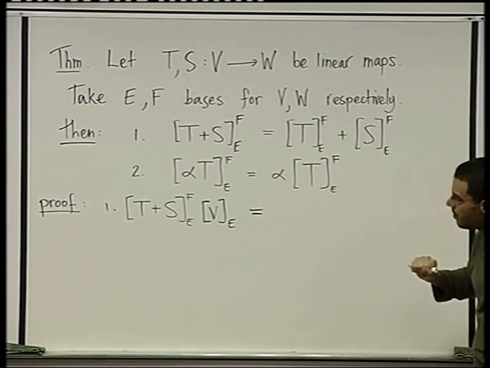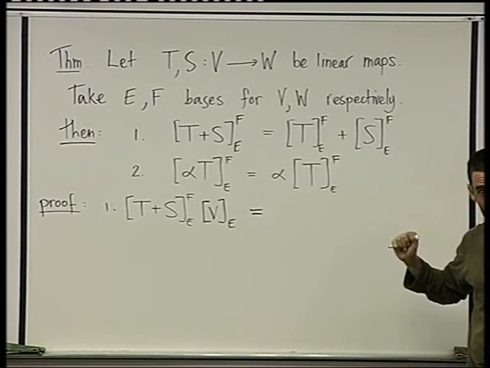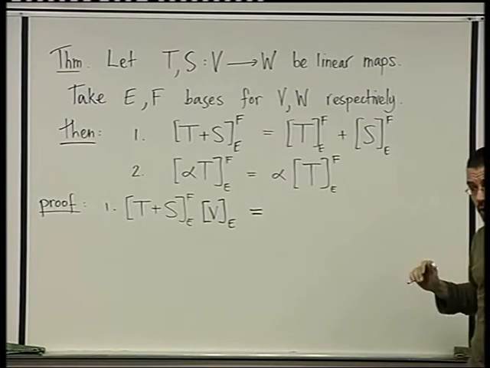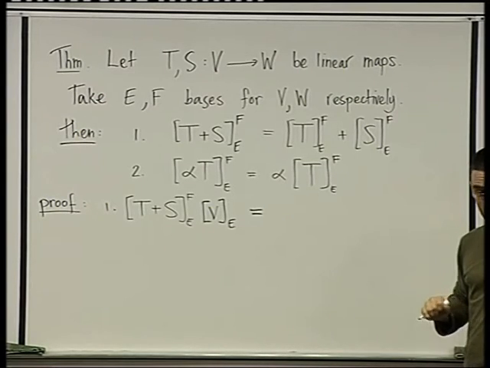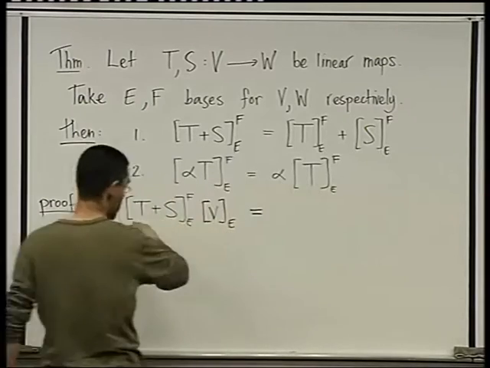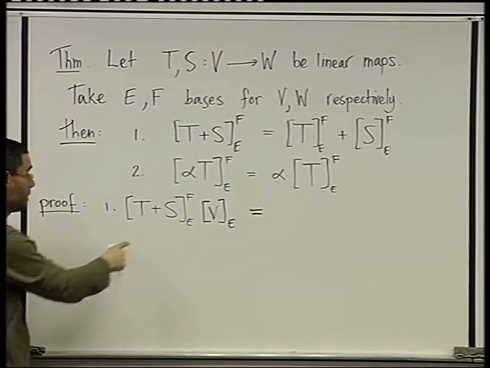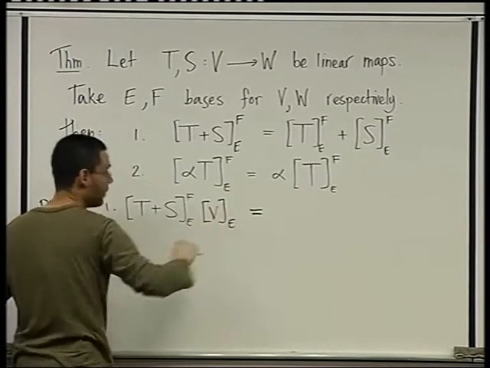Okay? Is it clear? Again, many times, at least half of the work is in understanding what you need to show. So does everybody agree that this is what I want to take? This is the A and this is the v.